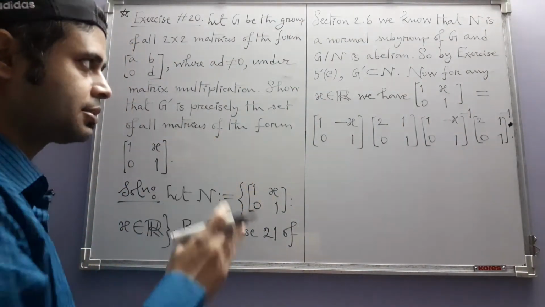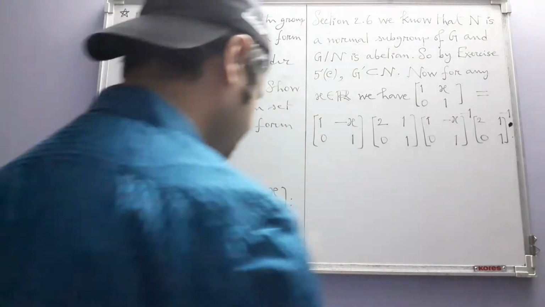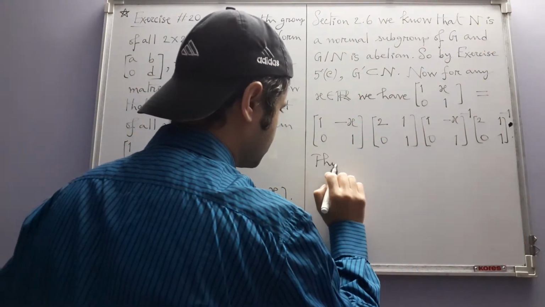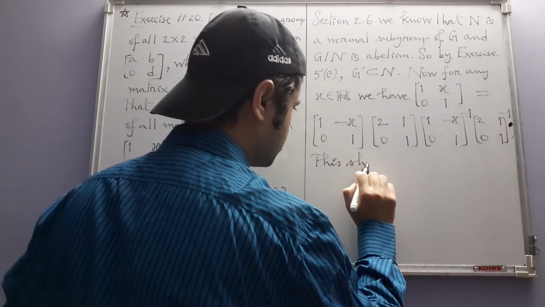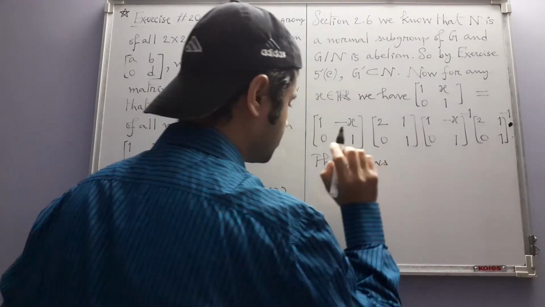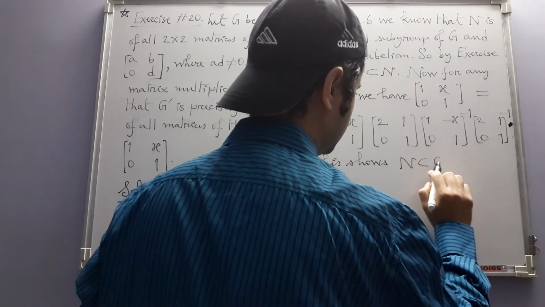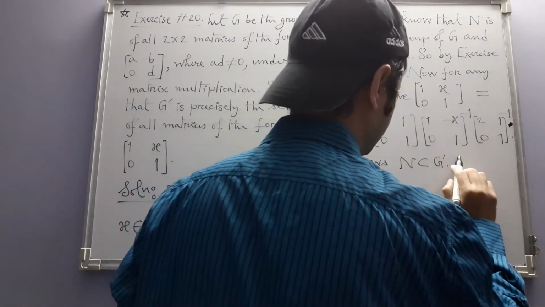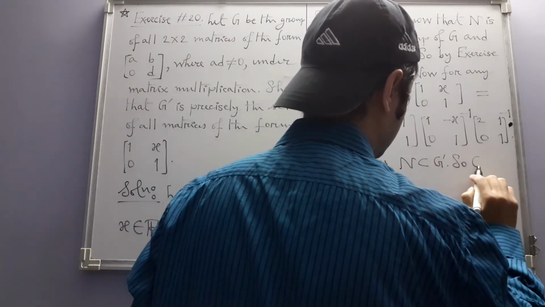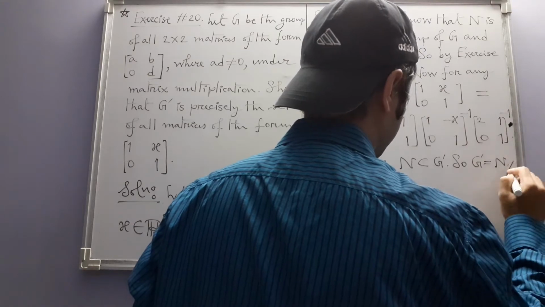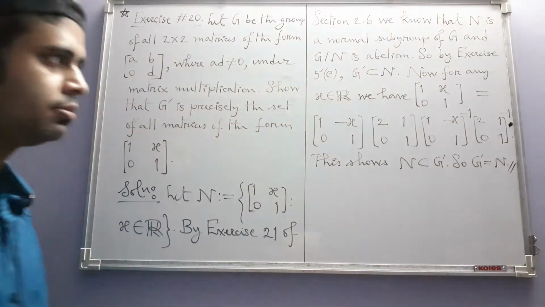So that gives us the reverse inclusion. This shows that N is also contained in G prime. So G prime is equal to N, and that's just what we wanted to show.